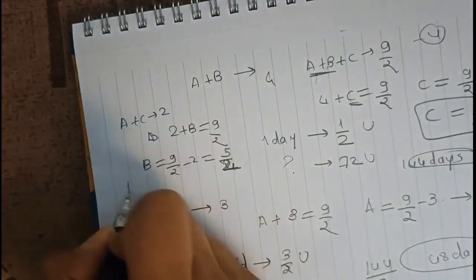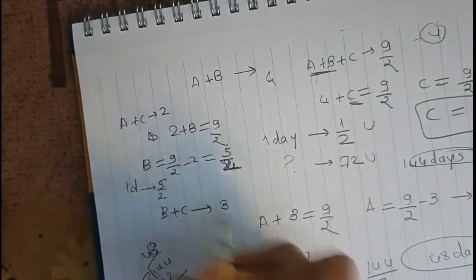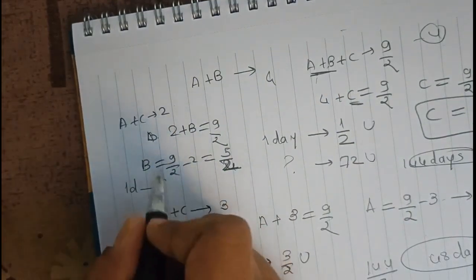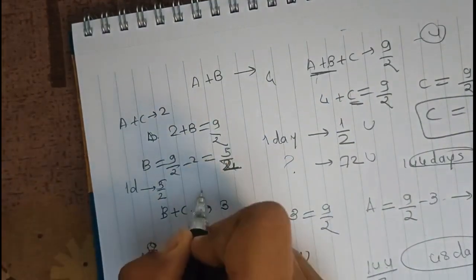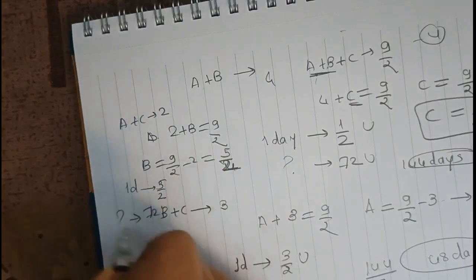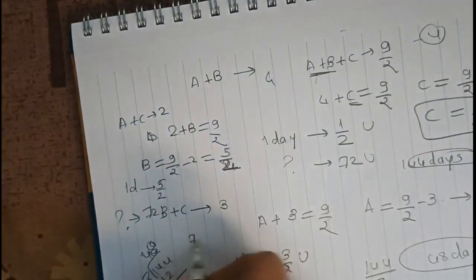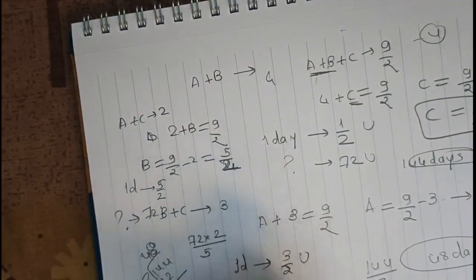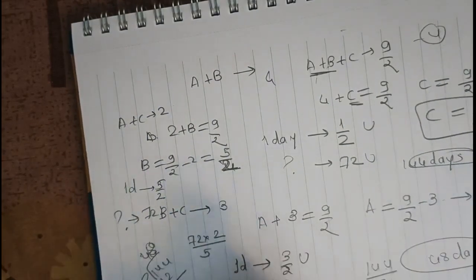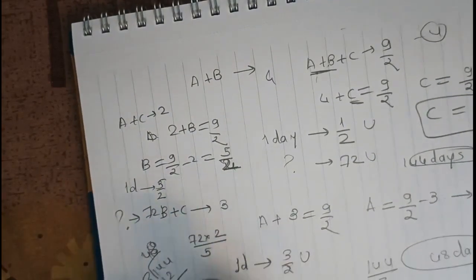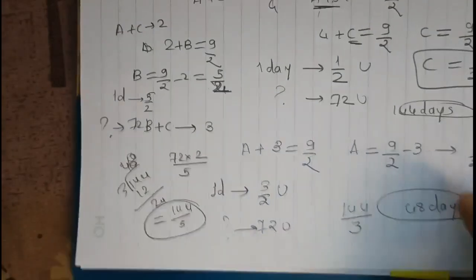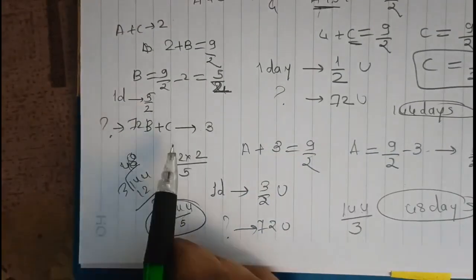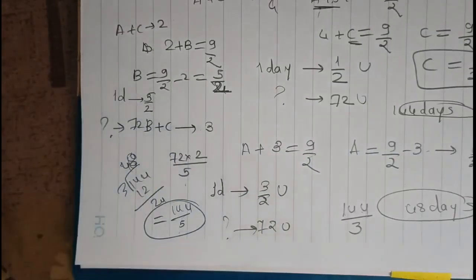So in one day 5 by 2 can be completed by b. So 72 units will be completed in how many days? That is 72 into 2 by 5, which is 144 by 5 days. This is necessary for completing the total work for b.